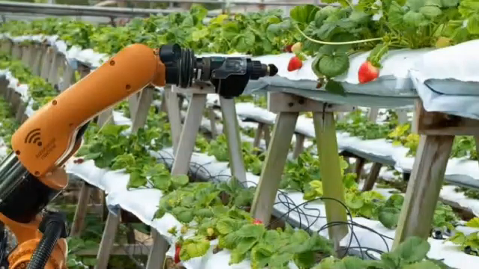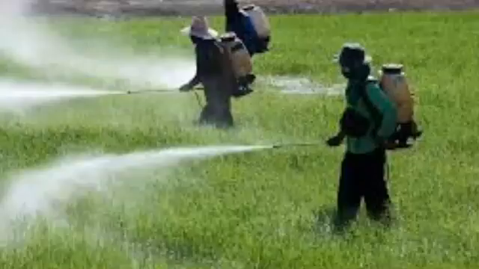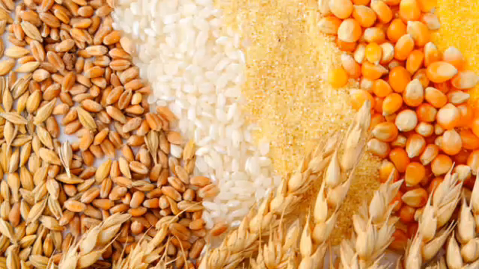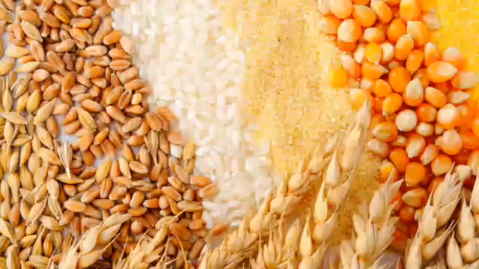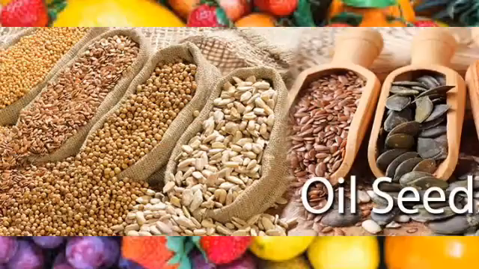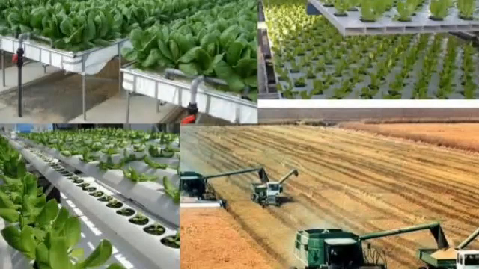Application of modern technologies like plant breeding and usage of chemicals like fertilizers and pesticides have increased the yield. Major agricultural products are cereals, vegetables, fruits and oilseeds. They are cultivated not only for our basic needs but also for commercial purpose.